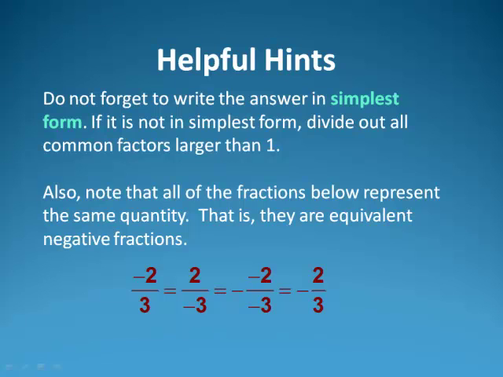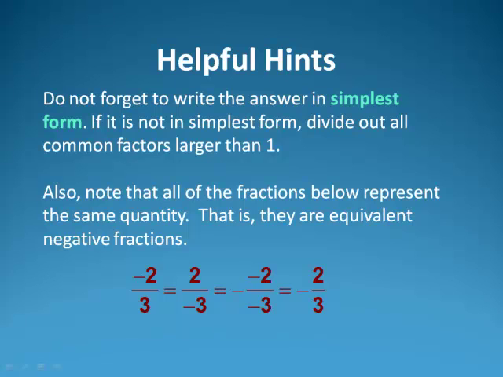Also, note that all of the fractions below represent the same quantity. That is, they are equivalent negative fractions. So what this means is when you're dealing with negative values, it doesn't matter whether the negative sign is in the numerator or the denominator, or maybe both. It simply is a function of how many negative signs you have.